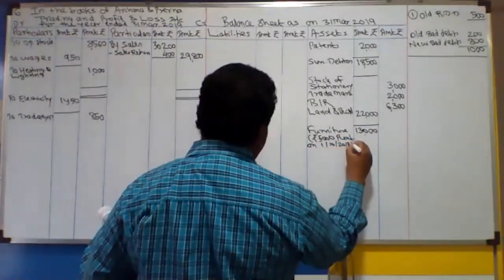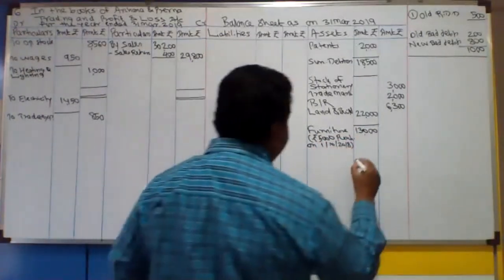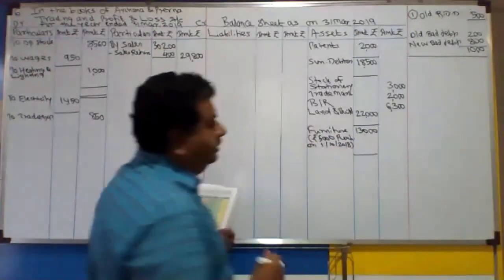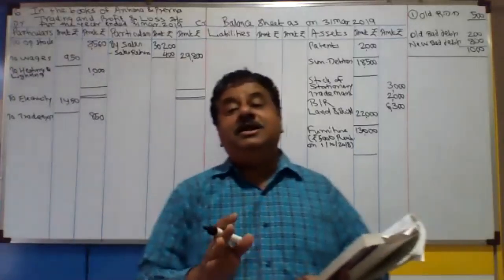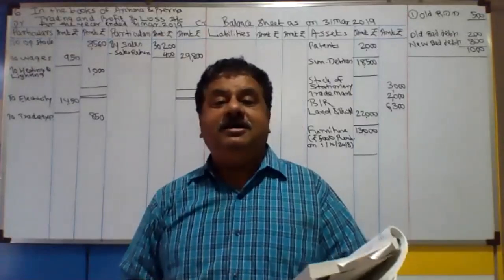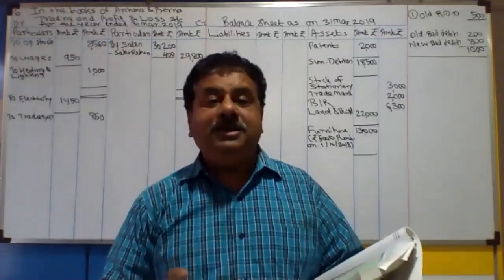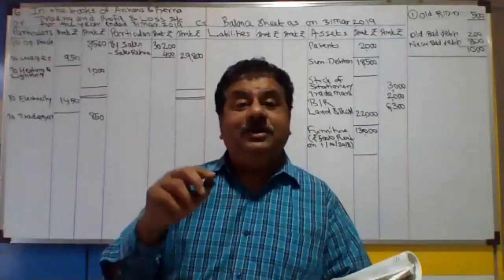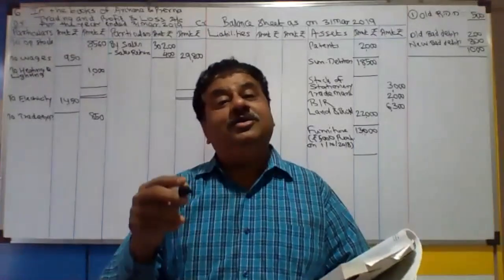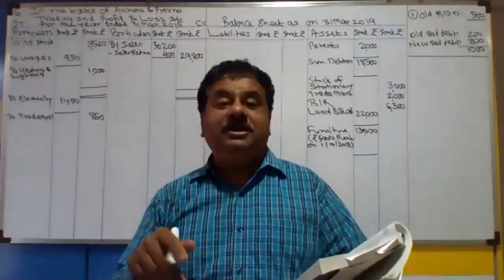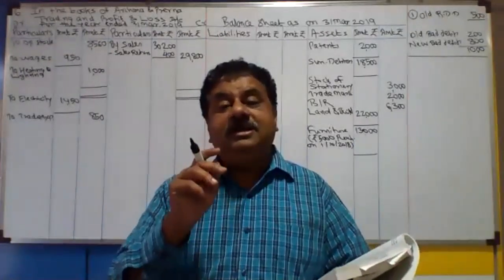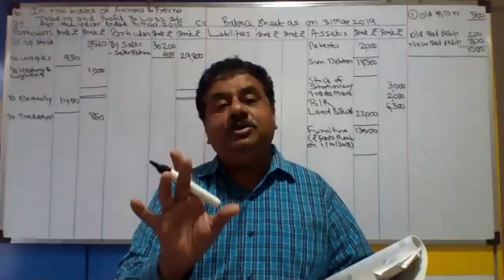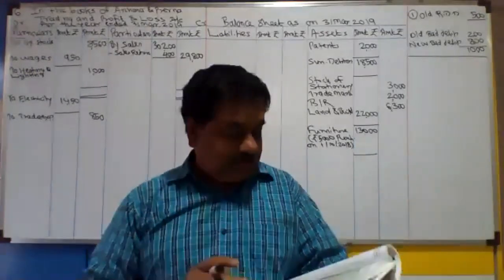You have to write this in the bracket. That 5,000 rupees is not to be added, not to be deducted. But while calculating the depreciation, we are going to consider this particular information. Very important. If given in this way, write in the bracket and leave it.